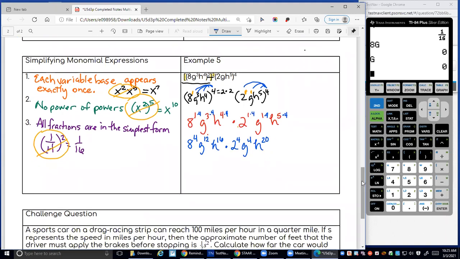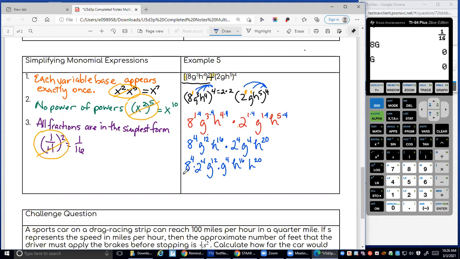And now it looks like the problems that we were doing yesterday. Let's bring all the coefficients up front. 8 to the 4th times 2 to the 4th, g to the 12th times g to the 4th, h to the 16th times h to the 20th. Chloe, you need to take notes. Okay.